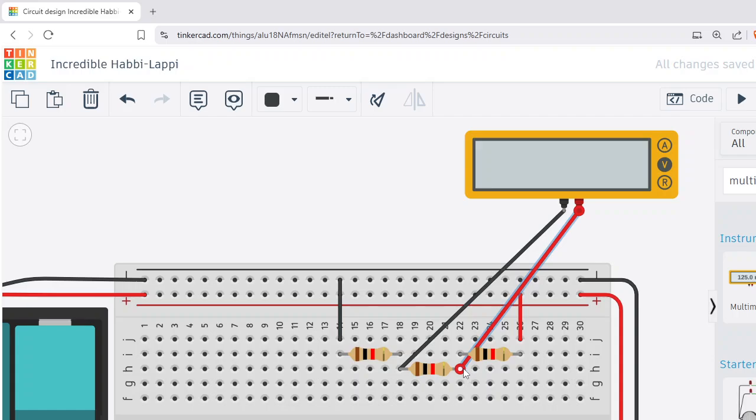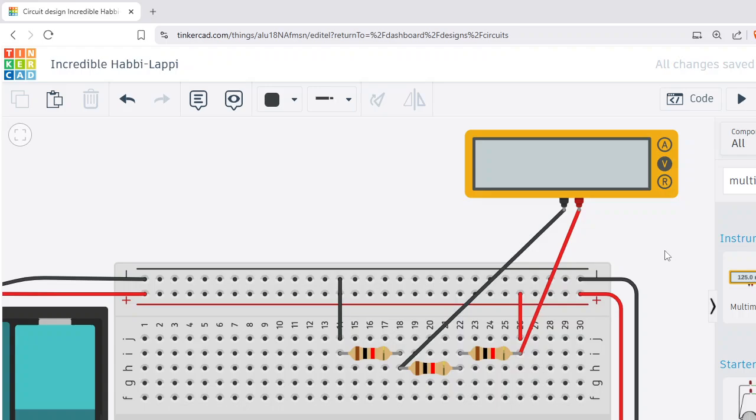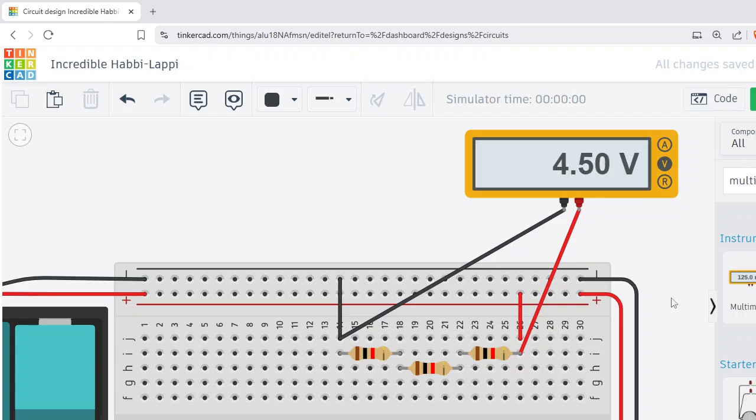Now if I do it across two resistances, what is it going to be now? 3 volts. It's going to be 3 volts. If I move it even further, how much is it going to be now? 4.5 volts.